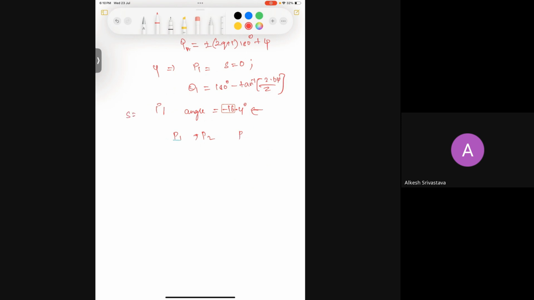P1 is S is equal to 0. P2 will be minus 2 plus 2.26j, the positive conjugate.